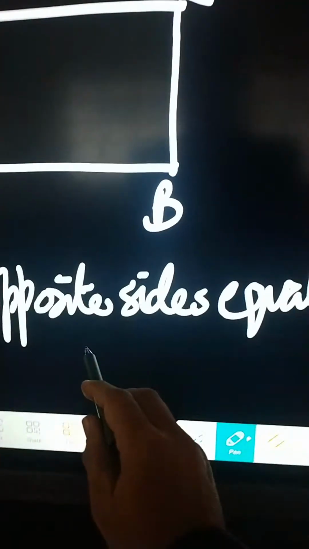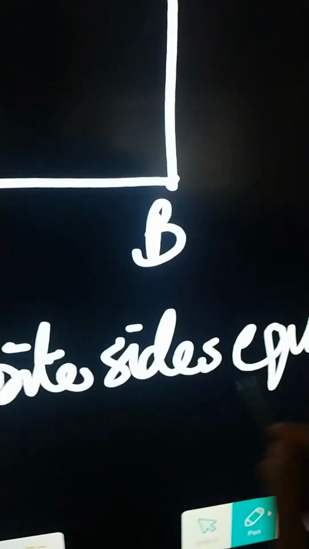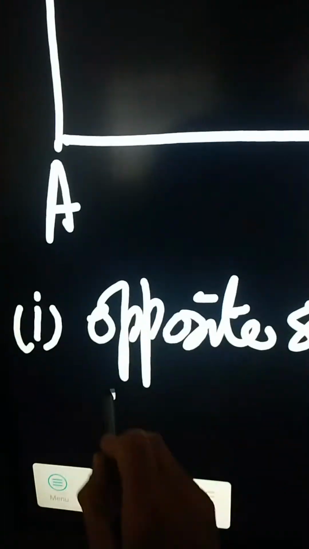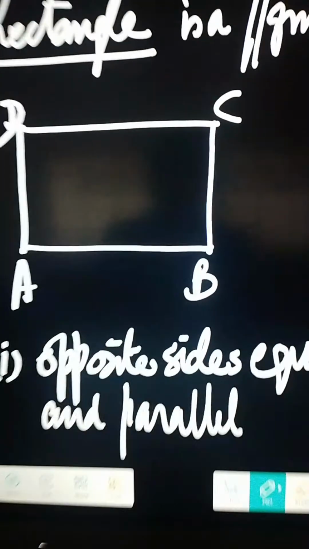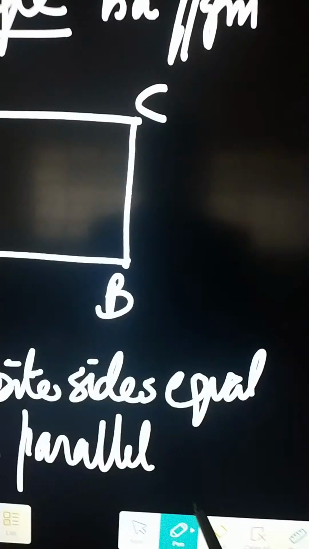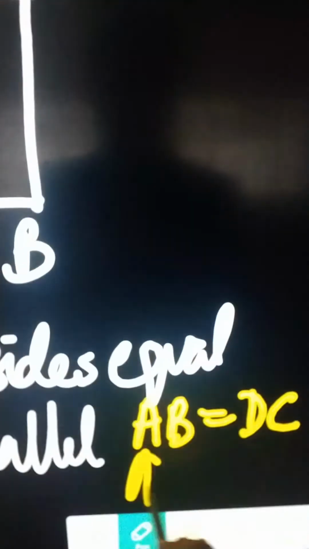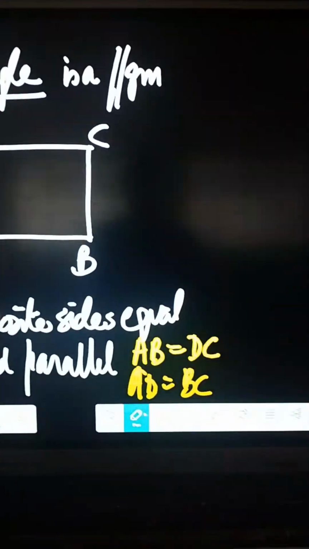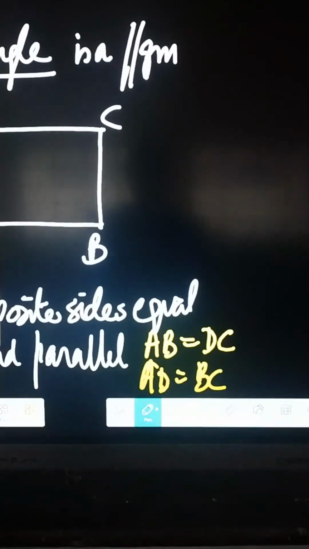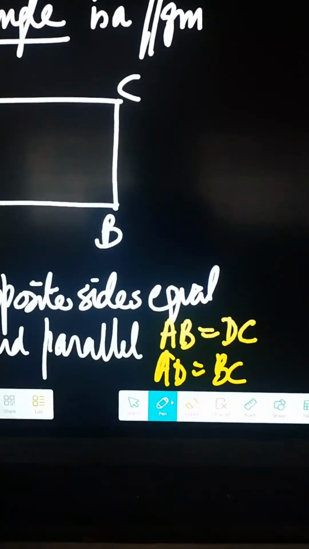So in a rectangle, opposite sides will be equal and parallel. AB is equal to CD, and AD will be equal to BC.